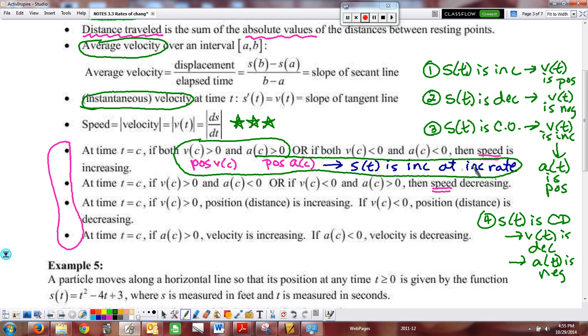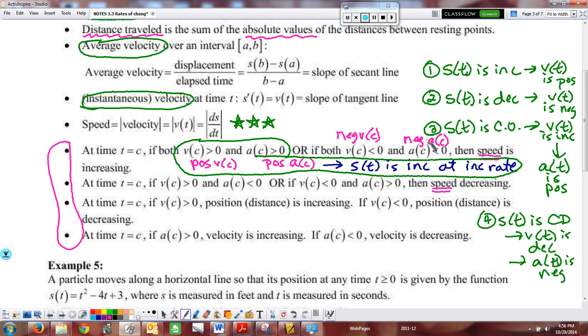It says speed is also increasing if both the velocity is negative and the acceleration is negative. Now let's think about what that means. I wish I'd given myself more room here, but we'll squeeze it in. Velocity is negative, so I have a negative velocity at this point, and I have a negative acceleration at this point.